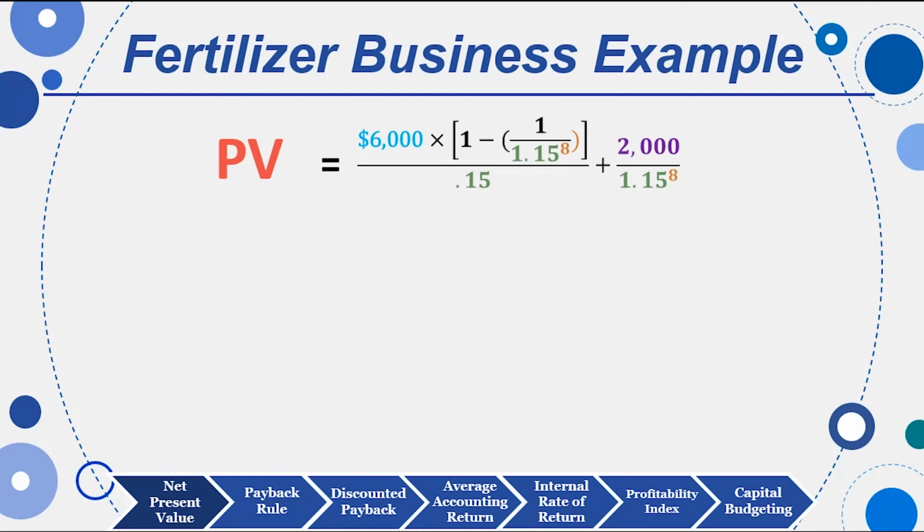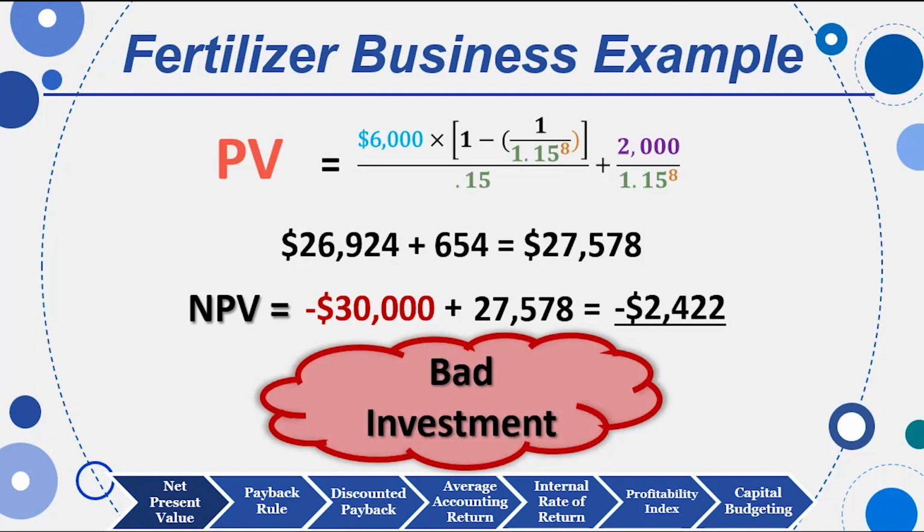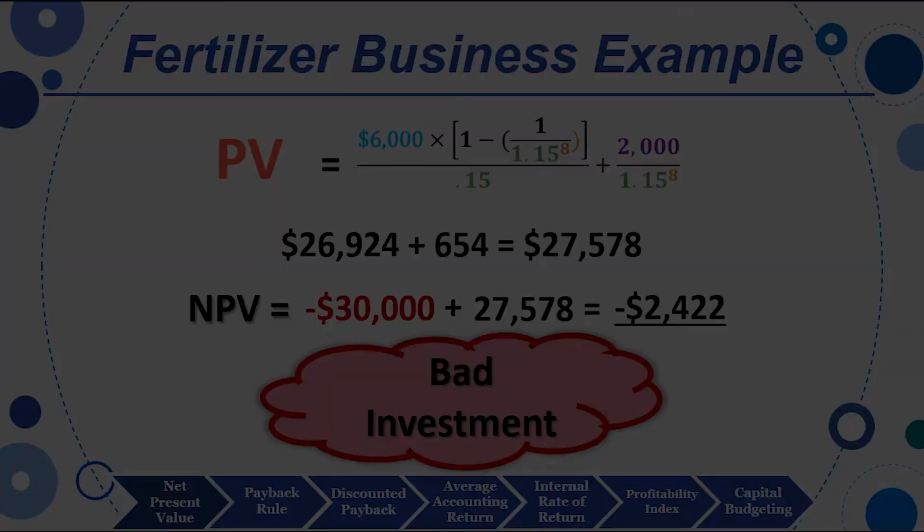So since we do have an annuity, C times 1 minus 1 over 1 plus R to the T, all of that over R, plus the present value of that $2,000 salvage value brought back to today. Divide that by 1.15 to the eighth, and we get a minus $2,422 NPV, which makes it a bad investment. Okay, bad investment, negative NPV, reject.